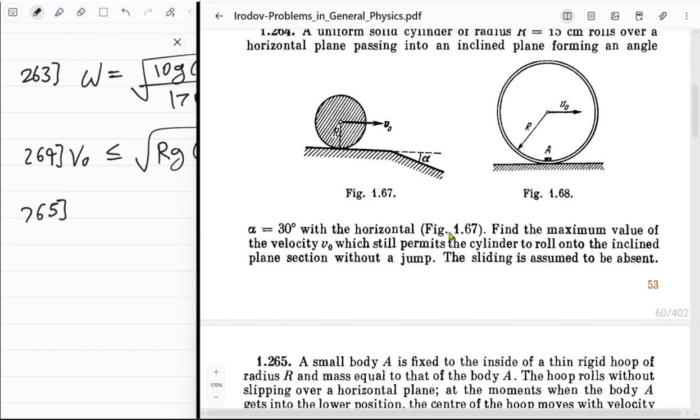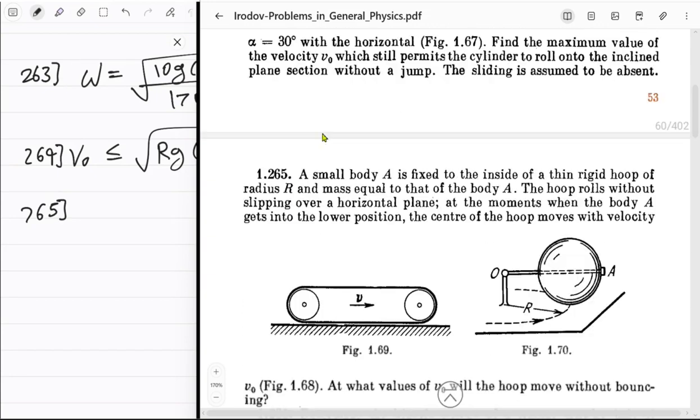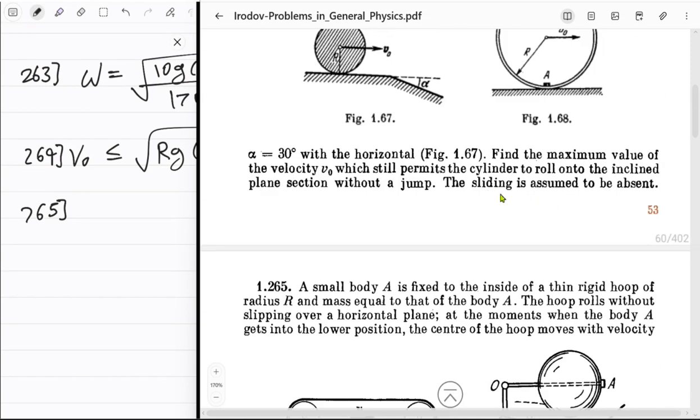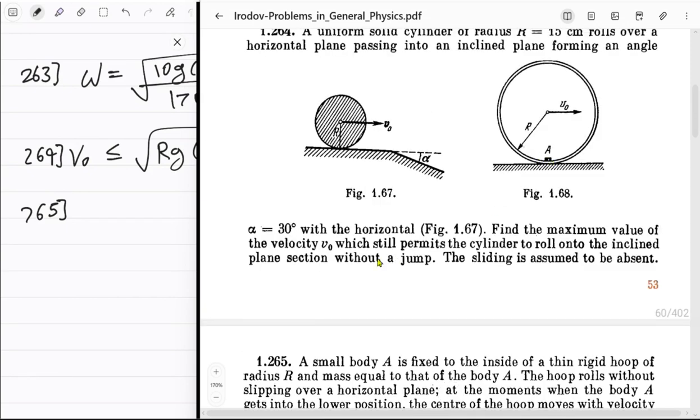265. Okay. A small body A is fixed to the inside of a thin rigid hoop of radius r and mass equal to that of body A. Any figure given? Yes, figure 1.68. The hoop rolls without slipping over a horizontal plane.